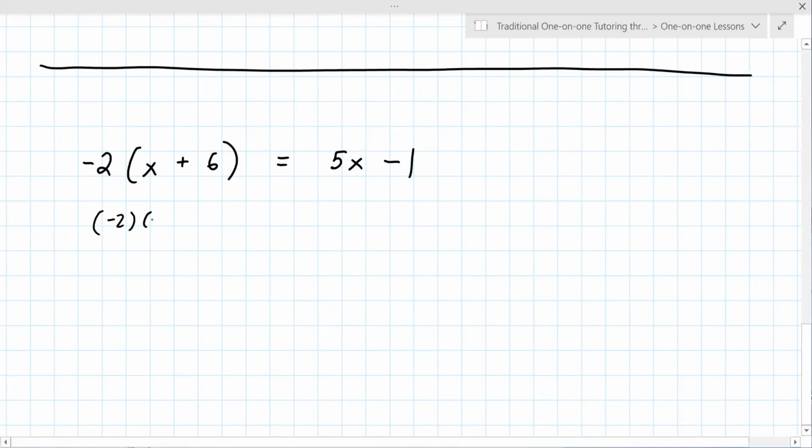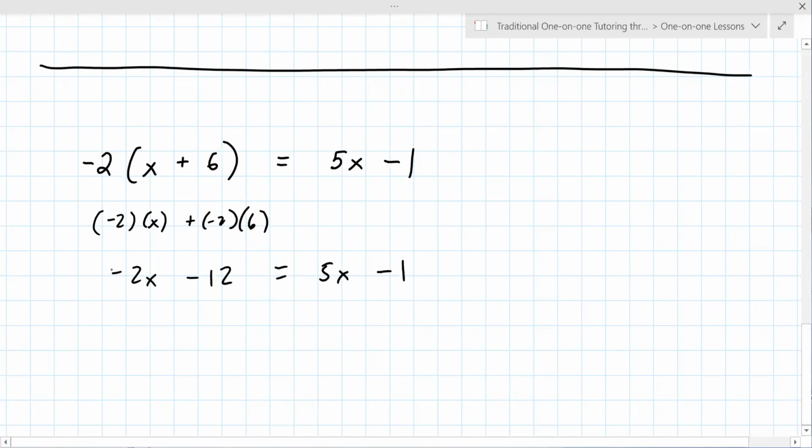So it's negative 2 times x plus negative 2 times 6. And then you just drop that down and drop the 5x minus 1 down. So it becomes minus 2x minus 12.